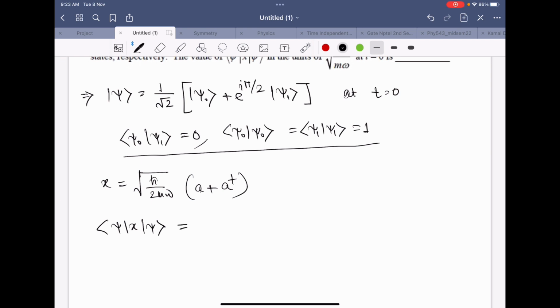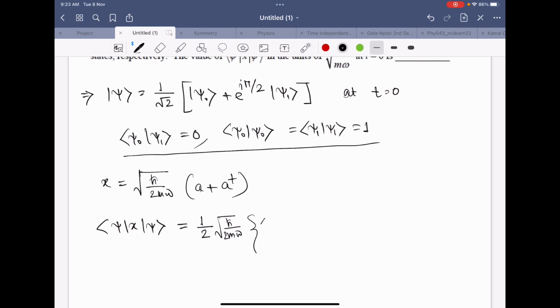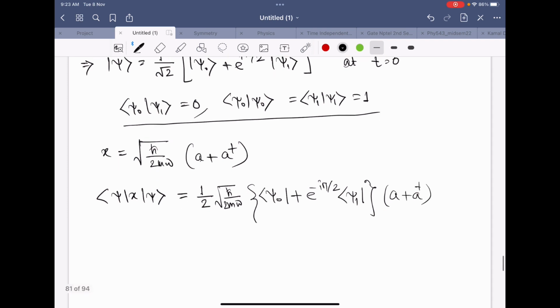Since 1 by root 2 multiplied by 1 by root 2 gives us half, and root over h bar by 2m omega, and apart from this we have the bra psi 0 plus e to the power minus i pi by 2 psi 1, then the operator A plus A dagger, and again the ket psi 0 plus e to the power i pi by 2 psi 1.